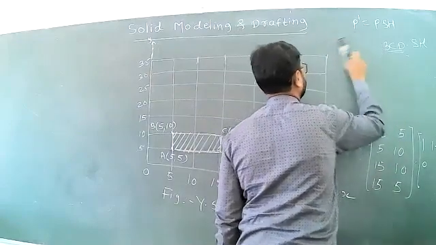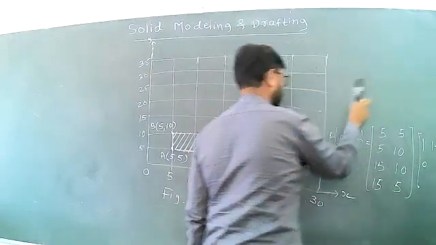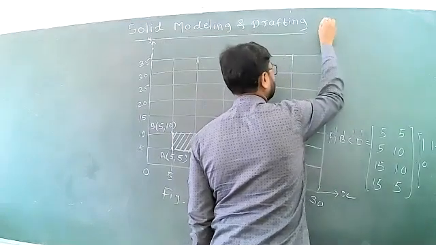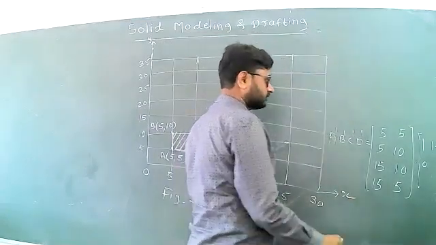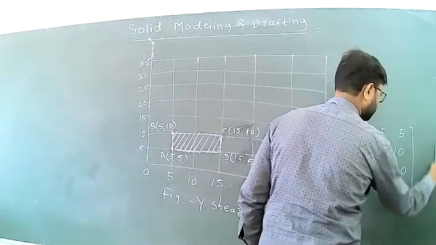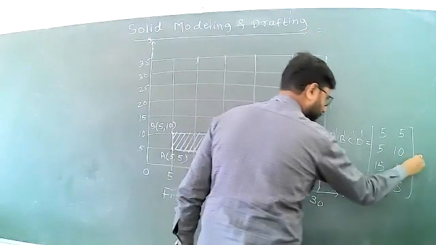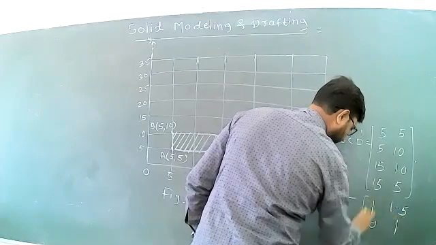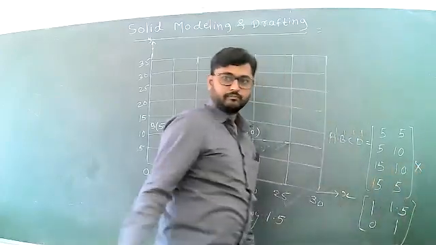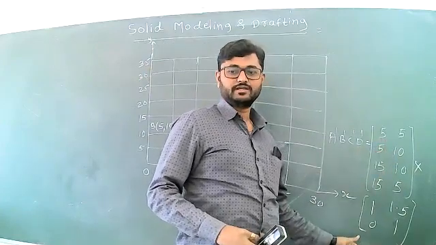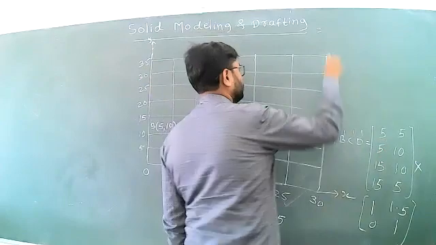By performing multiplication. This ABCD matrix is multiplied by the shear matrix, that is the amount of shear.